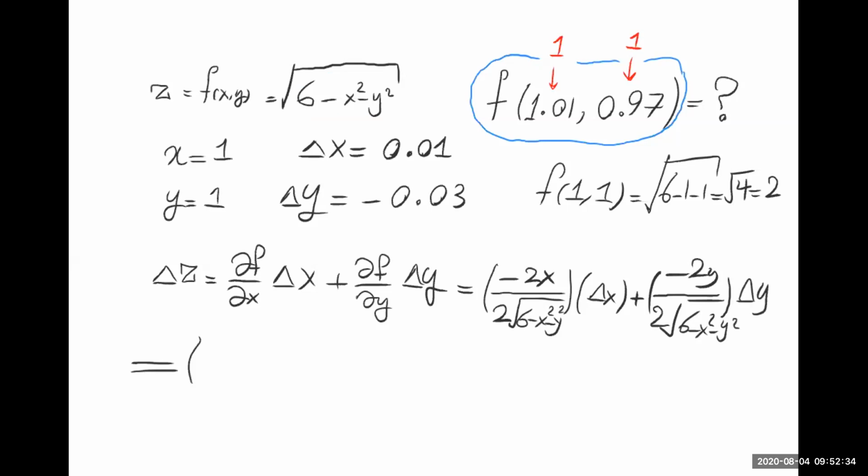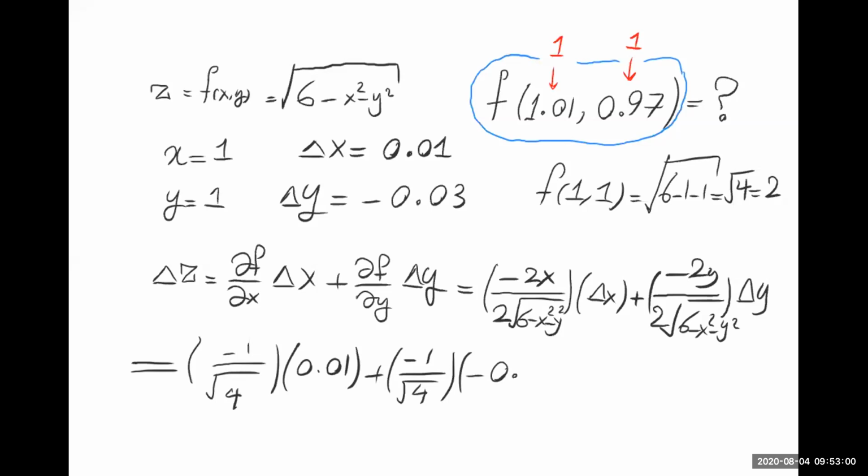Okay, at the point 1, 1, this is equal to minus 1 over the square root of 5 times delta x. What is delta x? Delta x is 0.01. Plus minus 1 over, again, the square root of 4 times delta y. What is delta y? Delta y is negative 0.03. Okay, the square root of 4 is 2, so I can write 2 here and 2 here.